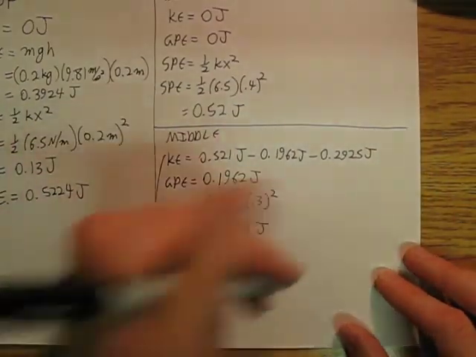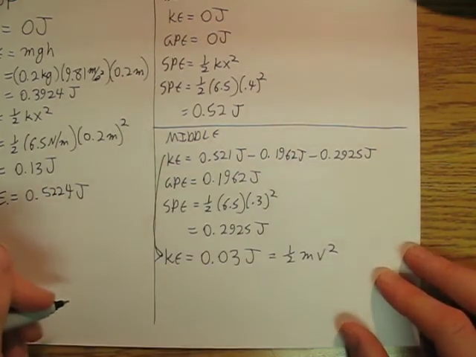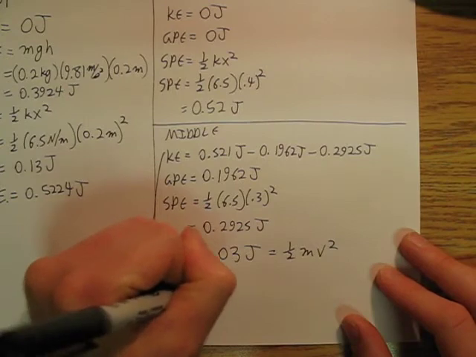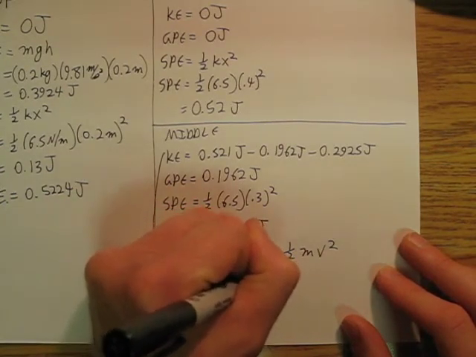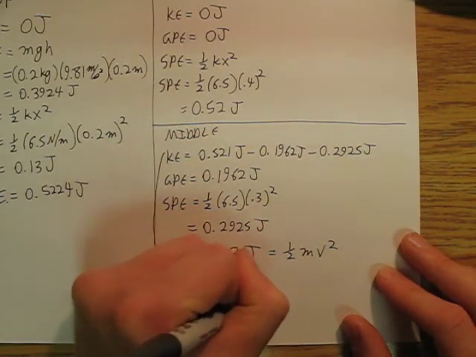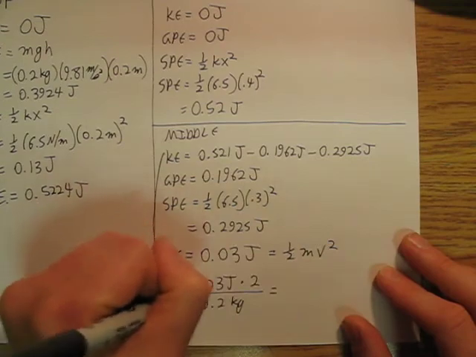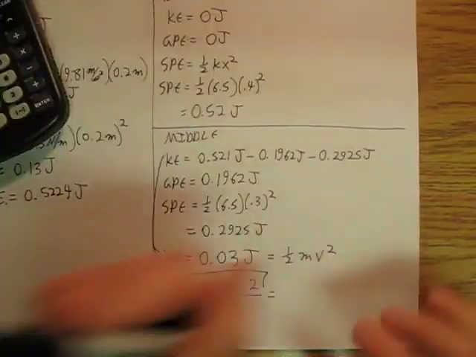And so now if I plug that into 1/2 mv squared, I get 0.03 joules times 2 divided by 0.2 kilograms, and I take the square root of that to get my maximum velocity.